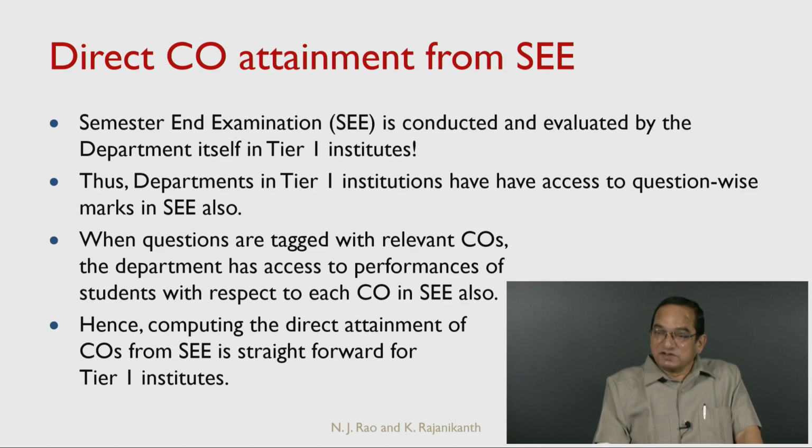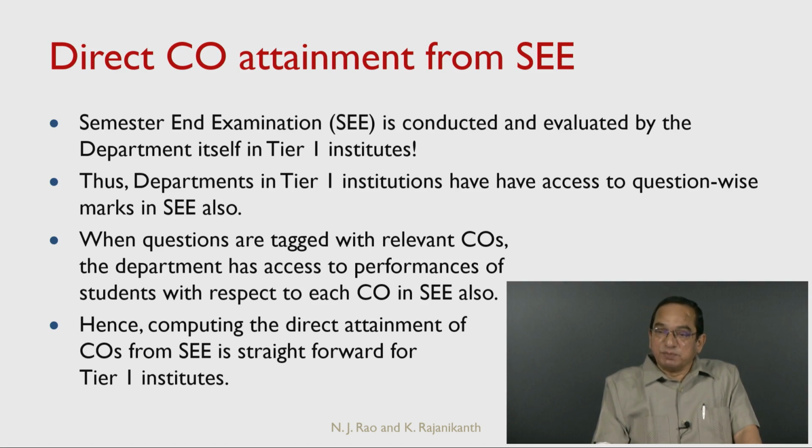We are making this claim assuming that the Office of the Controller of Examinations is able to provide such data. In other words, the questions in SEE are tagged with COs and the responses are tabulated question-wise. The Controller of Examinations should provide such data to the departments.